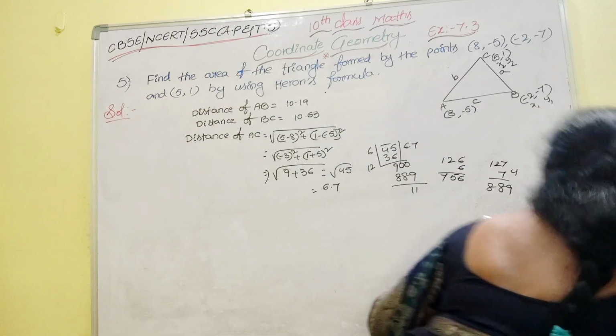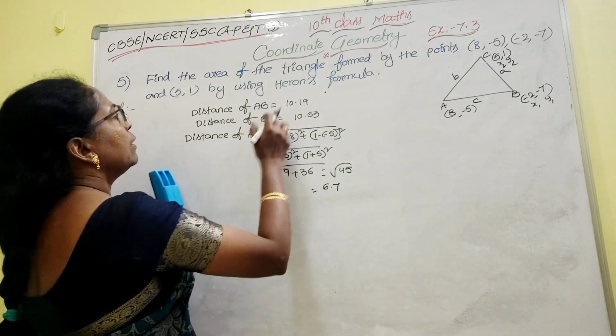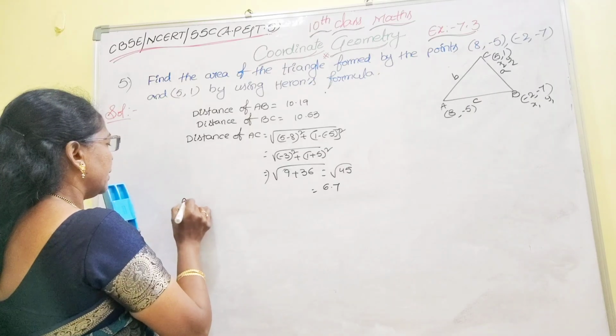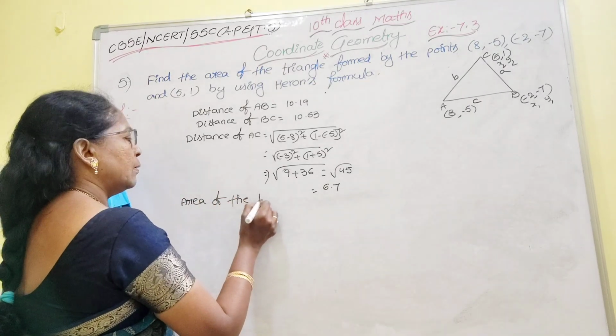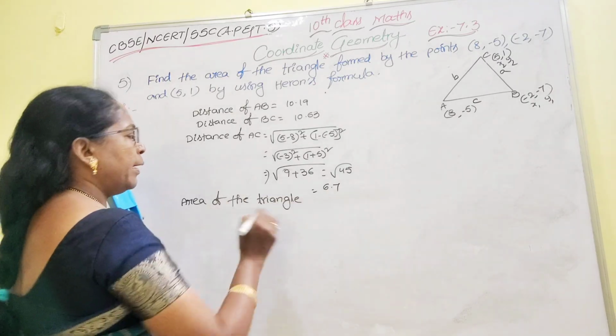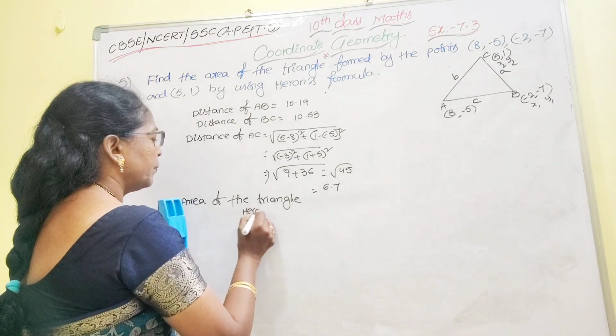Now we know the 3 values. Now, the area of the triangle: Heron's formula, or directly you can write Heron's formula.